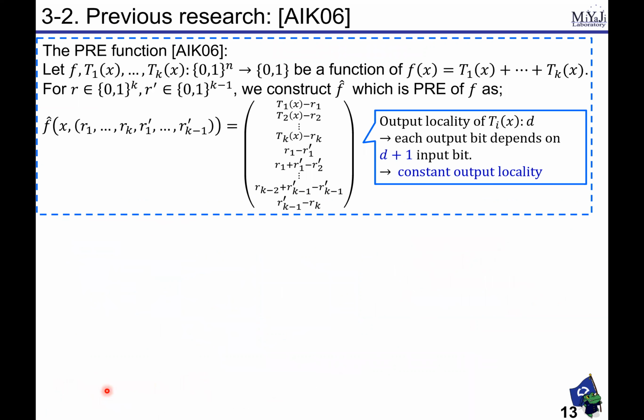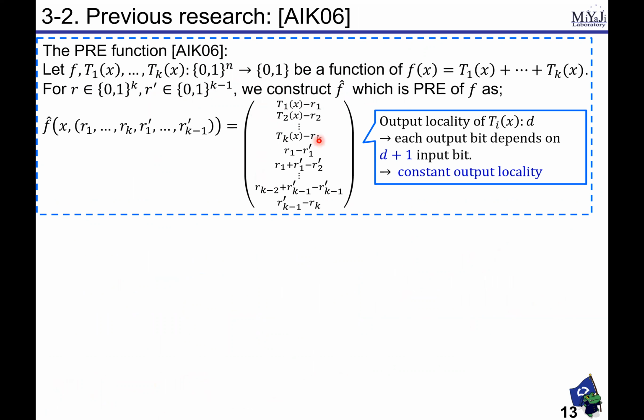So next is the PRE function of previous research. So let f be a function. F is a function from n bits to 1 bit. And we select R and R prime, and we construct f hat, which is a PRE of f, as the output of this one.